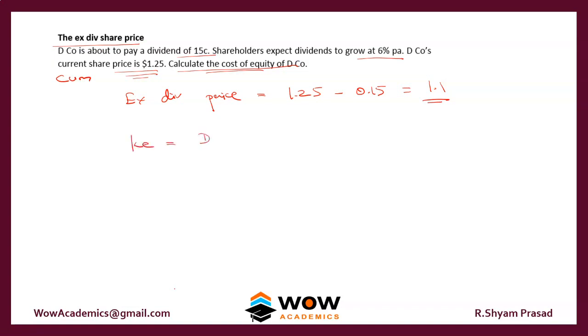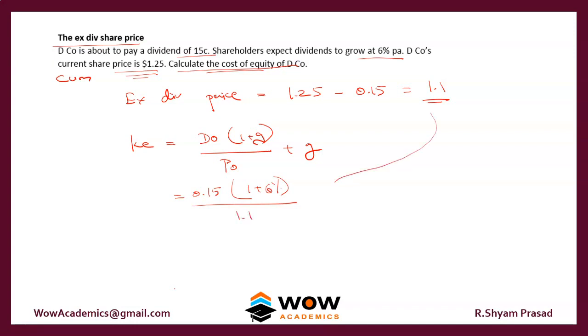Formula is D0 into (1 plus G) divided by P0, the whole of this plus G. So the D0 is 15 cents times 1 plus G. 1 plus G is 1 plus 6%, divided by the P0. P0 is 1.1. So take this number plus again the G.